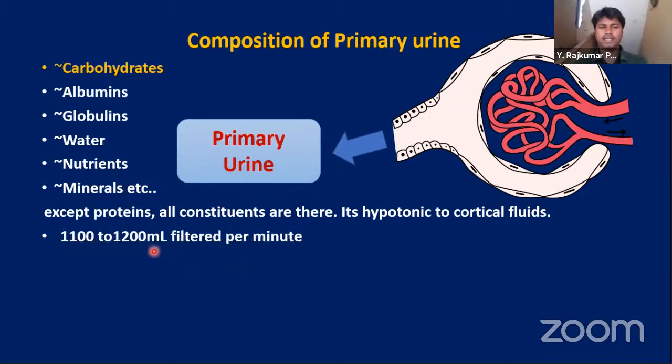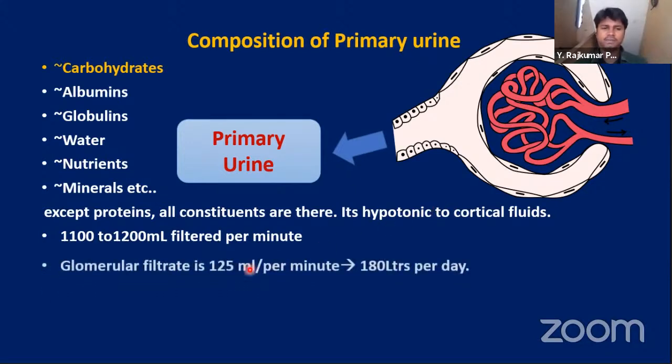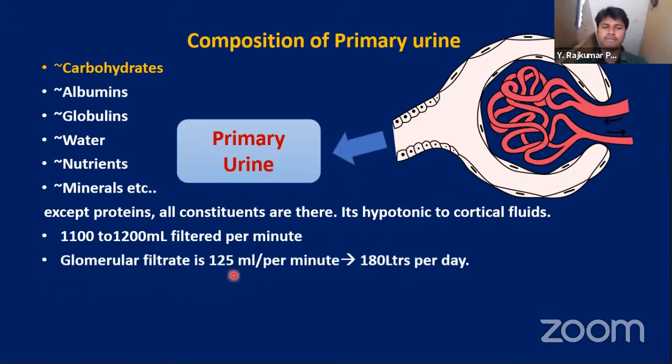1100 to 1200 ml is filtered per minute. So imagine the filtration rate of the glomerulus. Glomerular filtrate is 125 ml per minute. So the glomerulus can filter around 180 liters in a day.